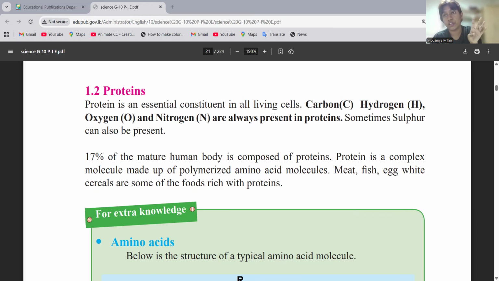So the four elements in the protein compound are carbon, hydrogen, oxygen, and nitrogen. And also, as I said, there's an optional one named sulfur, S in the periodic table. It may be present, but it's not a must. It's not that it is always there, but there might be.